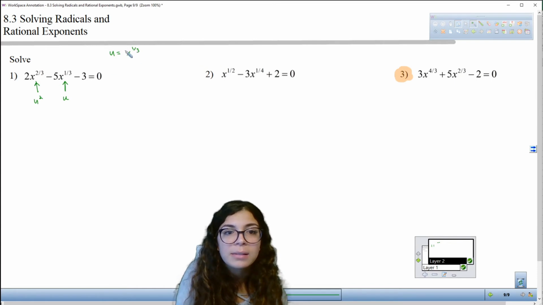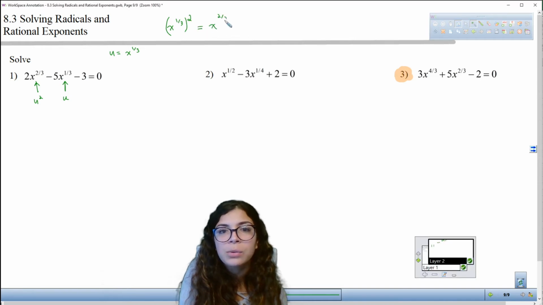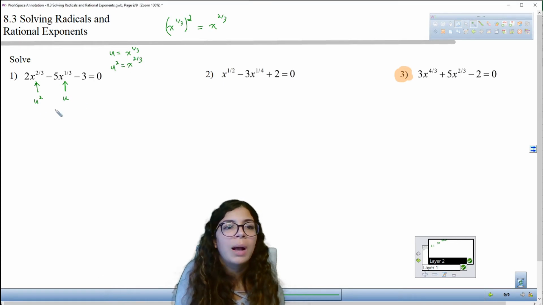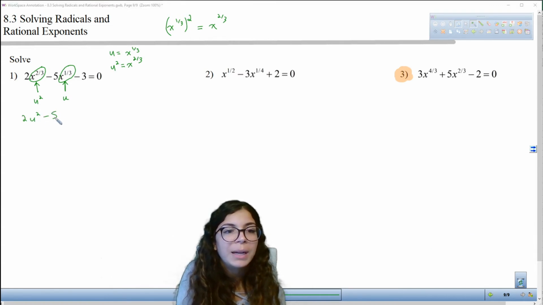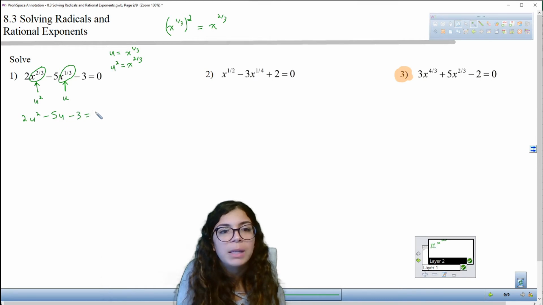If I take x to the power of 1/3 and raise it to the power of 2, I would get x to the power of 2/3. So u squared is x to the power of 2/3. So I'm going to replace x to the power of 2/3 with u squared, and I'm going to replace x to the power of 1/3 with u. So my new equation written in u would be 2u squared minus 5u minus 3 equals 0.